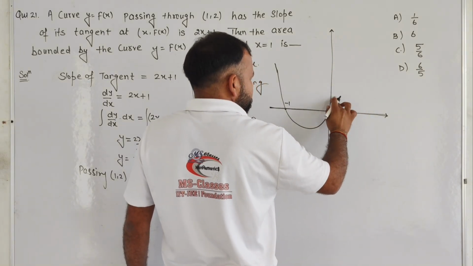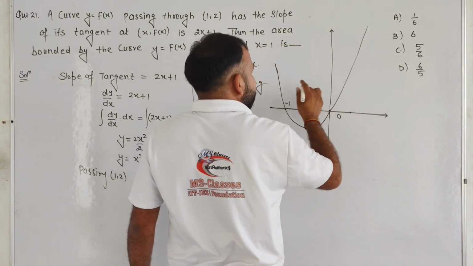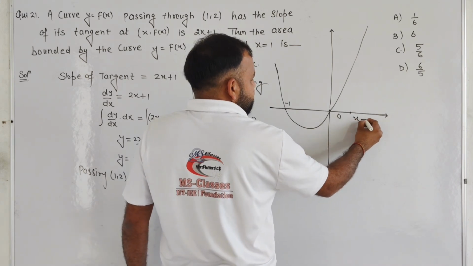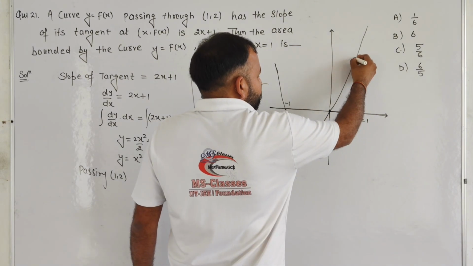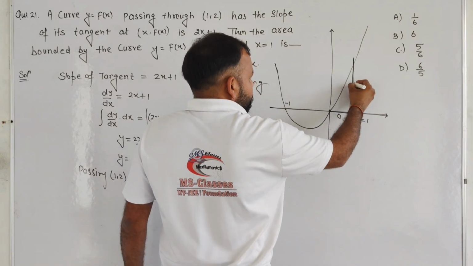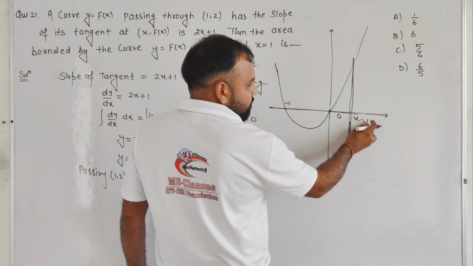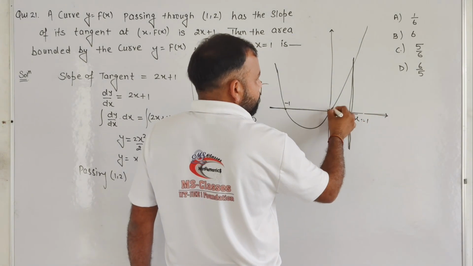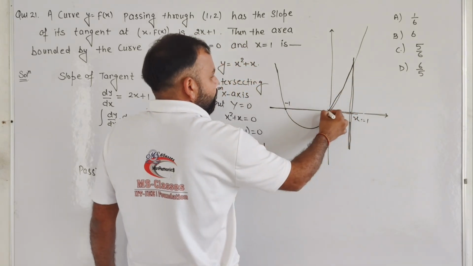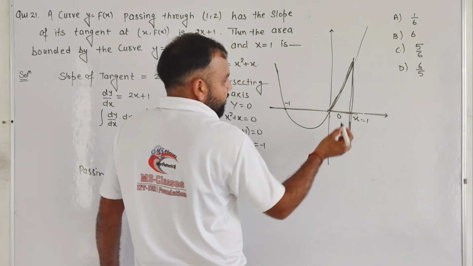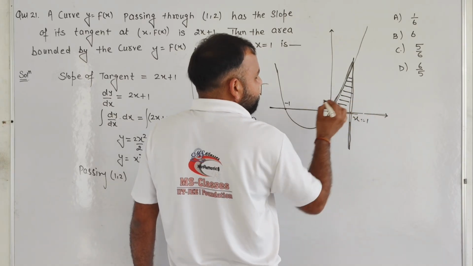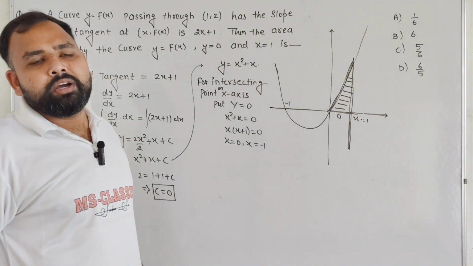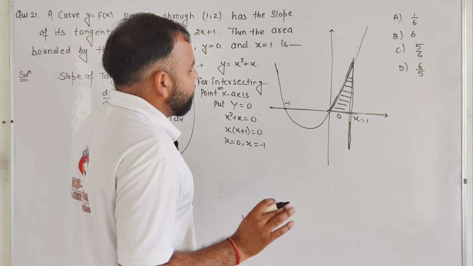So student, let us put down in this form, that is x equals to 1, and y is equals to 0, that means x-axis. So this is x is equals to 1, this is y is equals to 0, this is our curve y equals to fx. So student, I think you understood what is the area you need to calculate. This one, this is the area that is required to calculate.